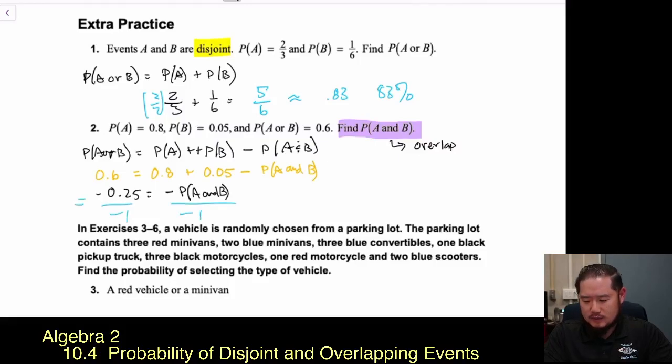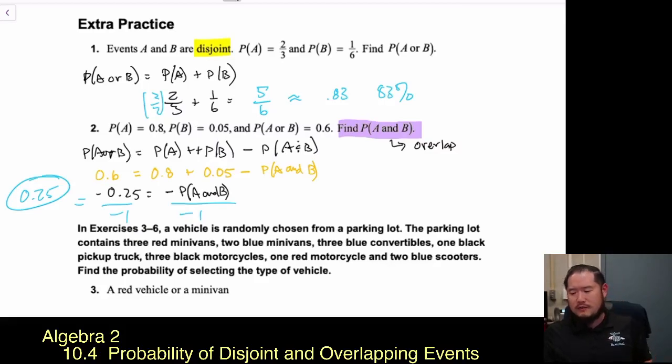And so what do we get? We should end up with a positive 0.25. So positive 0.25 right there is the probability of A and B, the overlap in this instance.